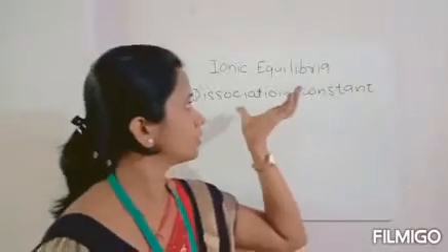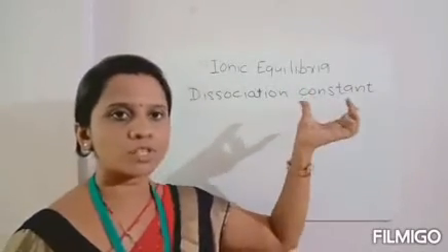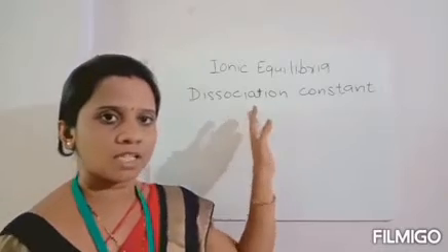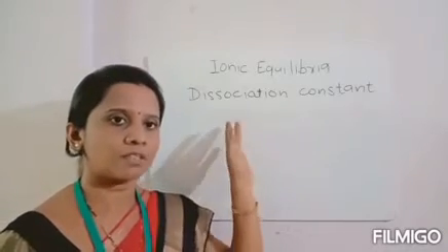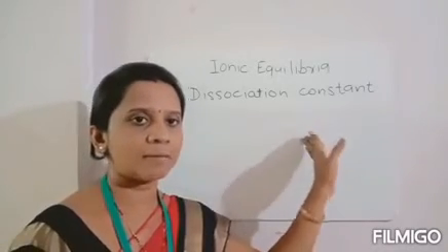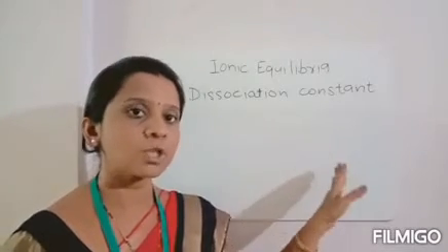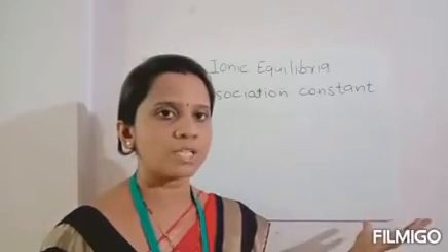Before finding out the dissociation constant, what we have to understand is there are various types, that is strong acids and bases and weak acids and bases, based on the extent of dissociation.